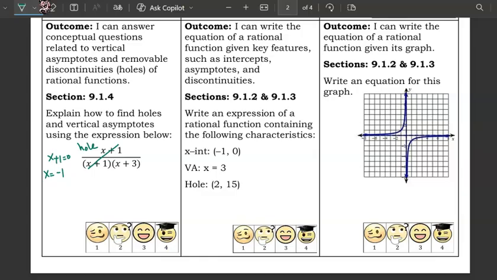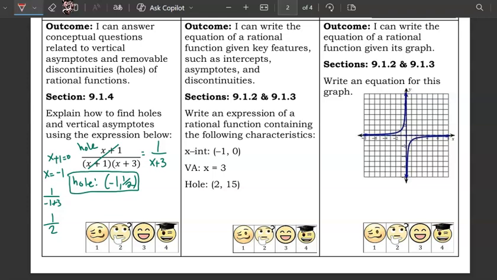And then to get the y part of the hole, we're going to plug x equals -1 into our simplified expression. 1 over 2. So our hole is at -1 comma 1/2.